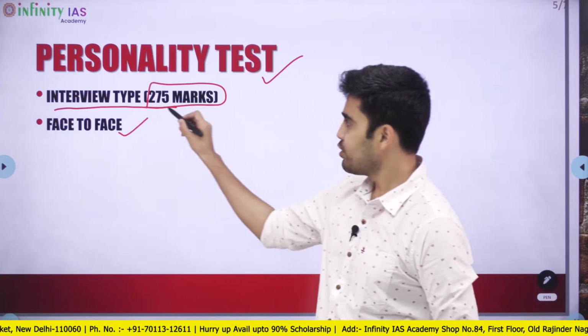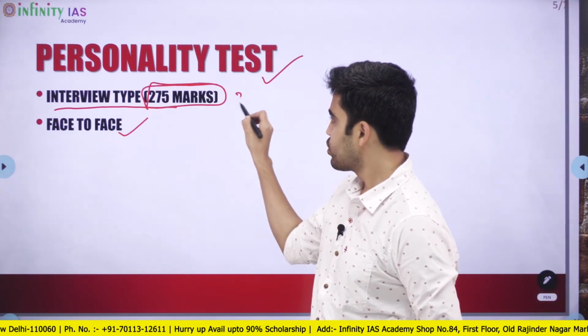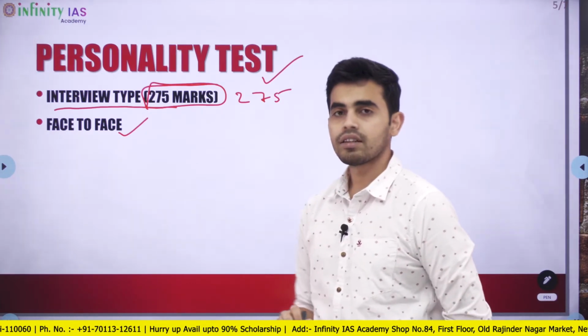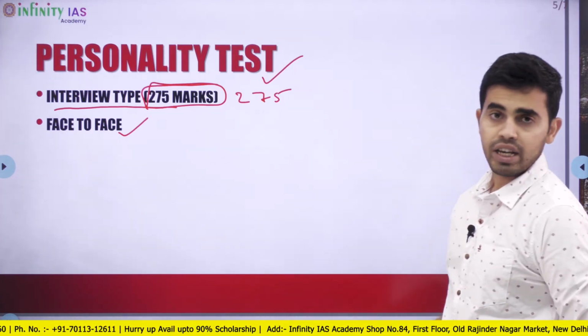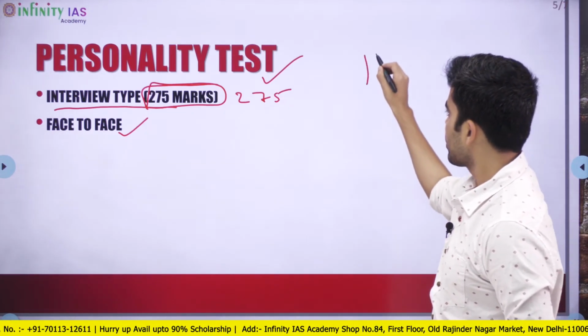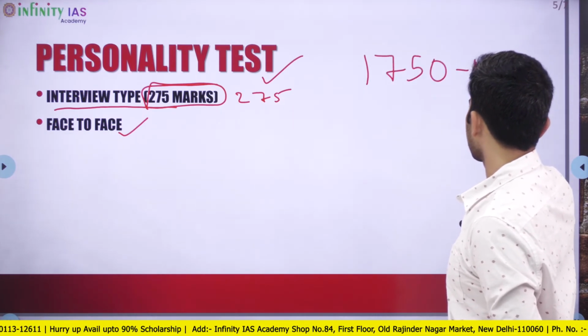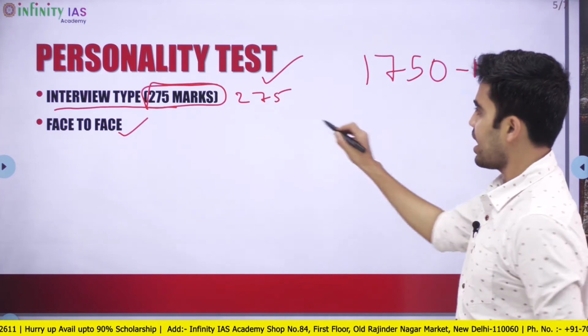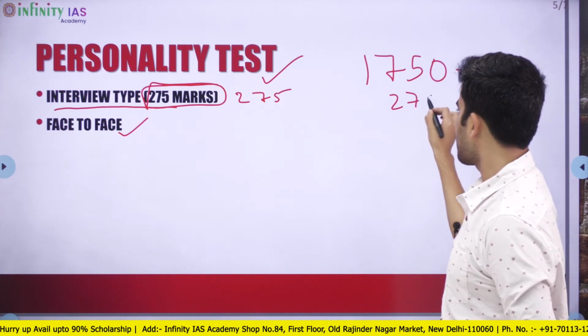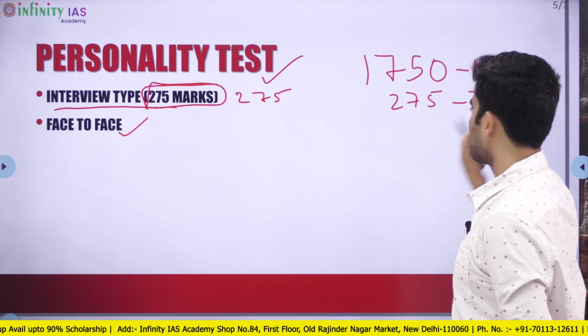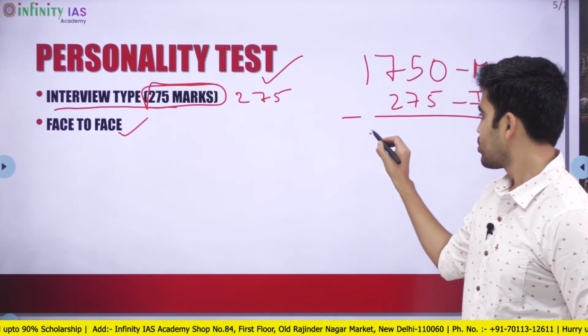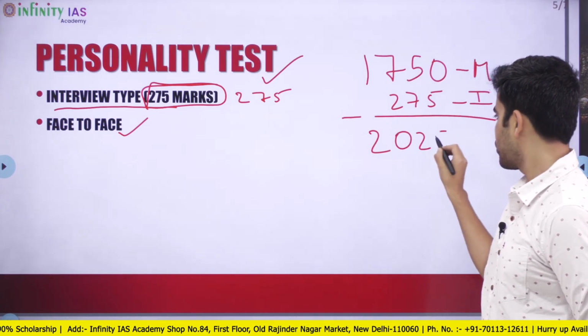After the interview is conducted, which is for 275 marks, the total will be counted, including the 1750 marks from mains and then 275 marks from the interview. So the total comes to 2025 marks.